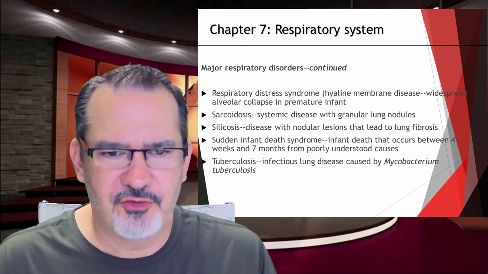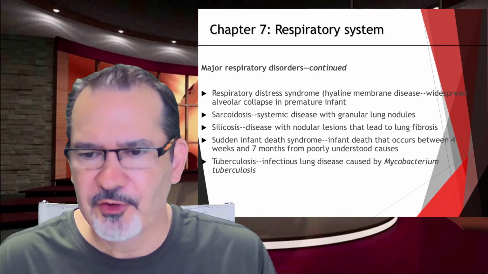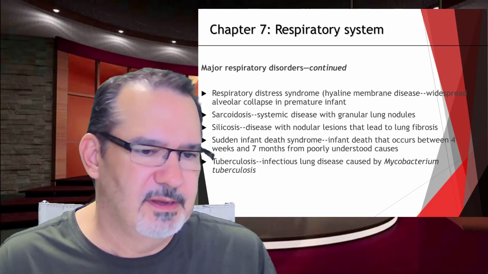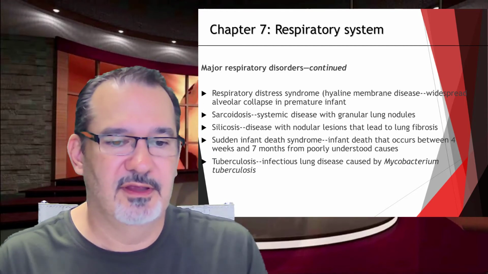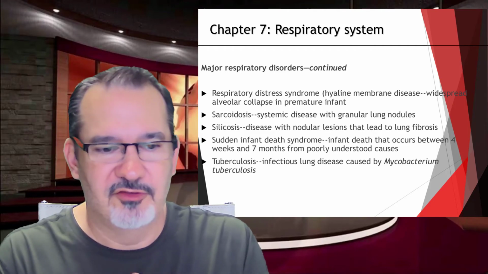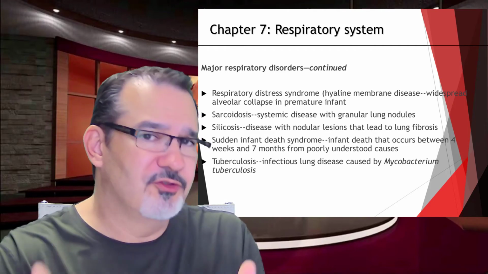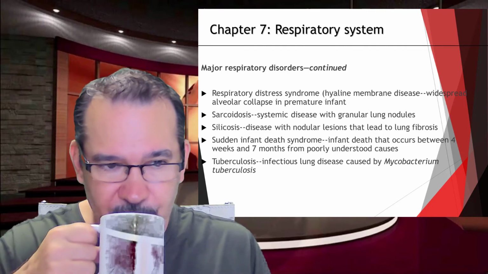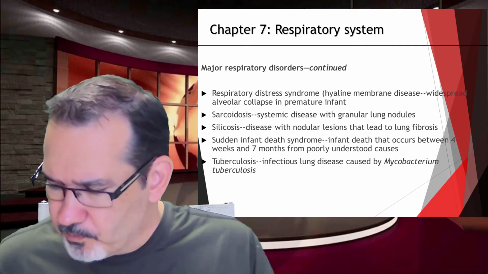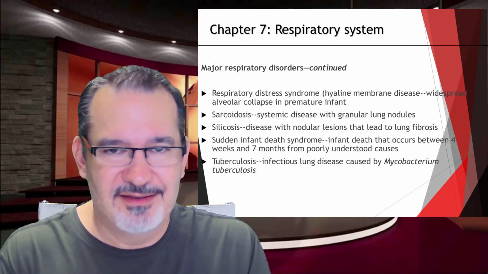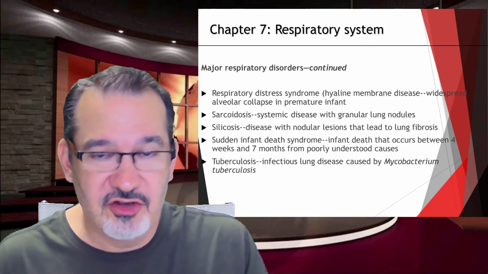Okay. Respiratory distress syndrome. We've got many other illnesses here: silicosis, tuberculosis, infection of the lung by the Mycobacterium tuberculosis, which most of us in healthcare get checked for TB fairly frequently. And then there's sarcoidosis, which is a systemic disease of granular lung tissue.